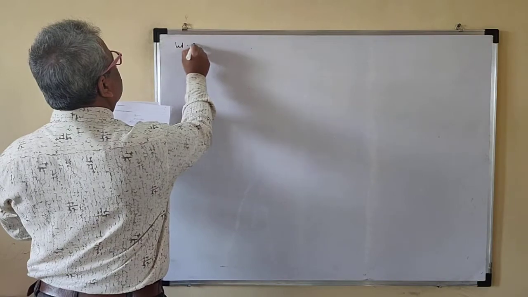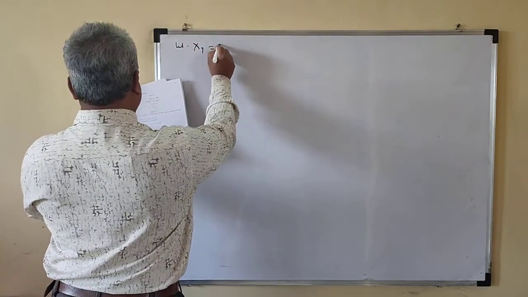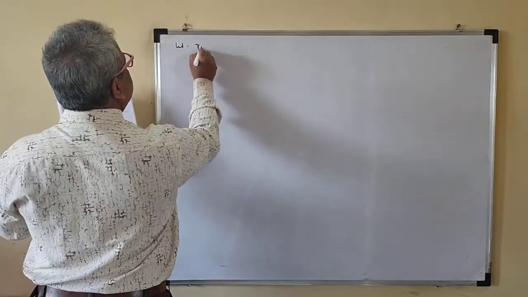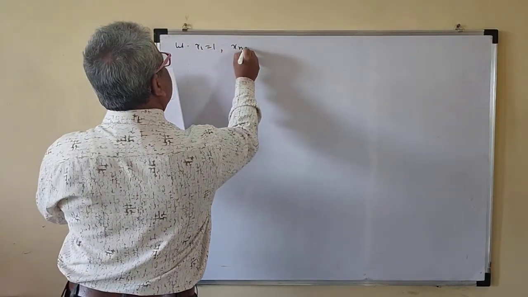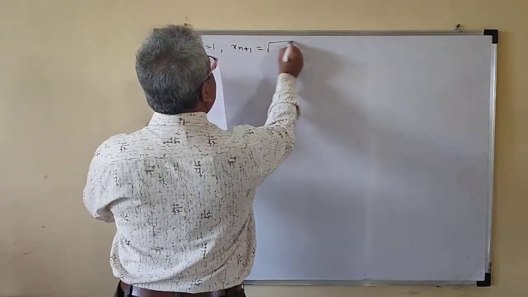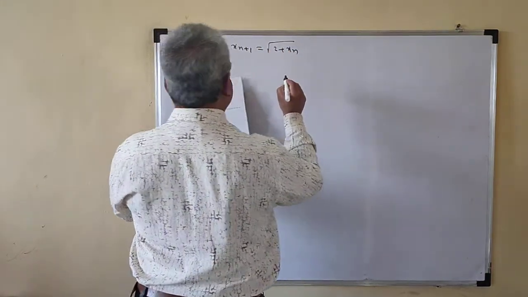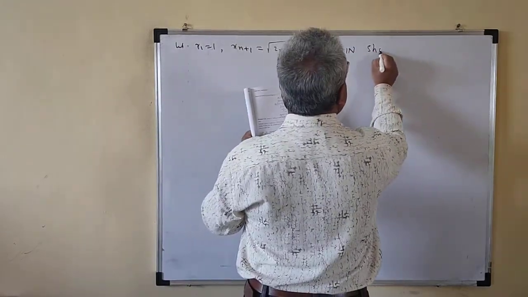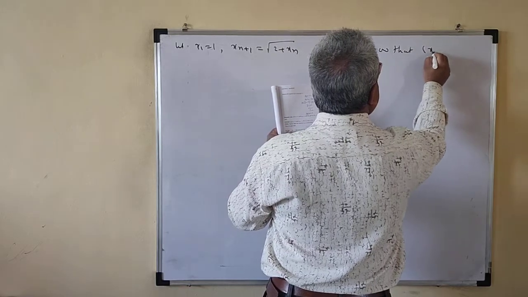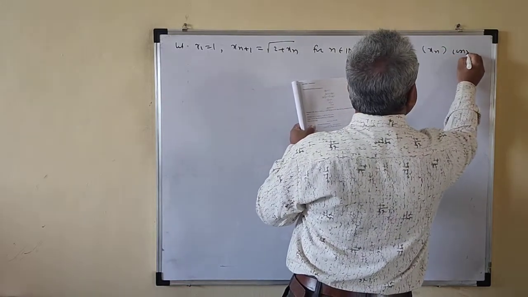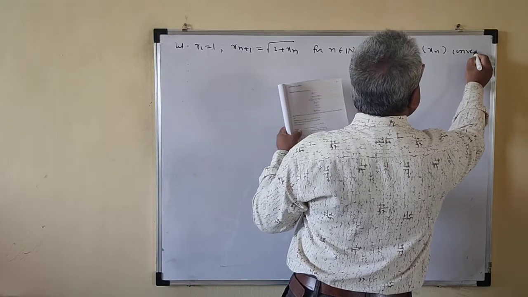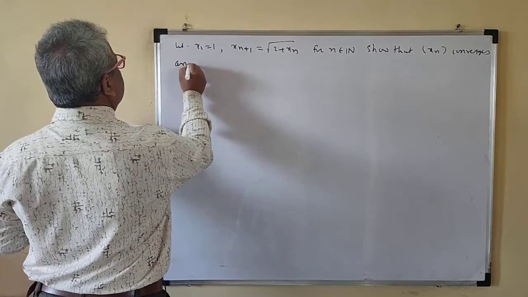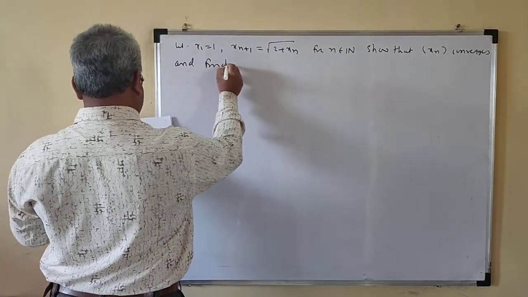Let x1 be equal to, we'll take a small x1 actually, x1 is equal to 1. xn plus 1 is equal to root of 2 plus xn for n belongs to N. Show that xn converges and find the limit.